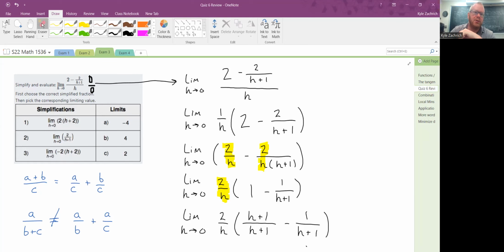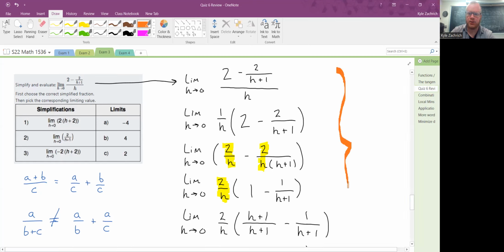So what we need to do is rearrange this somehow so that we're not just dividing by 0. All of the work that I'm doing here is just to get that h so that I'm not dividing.